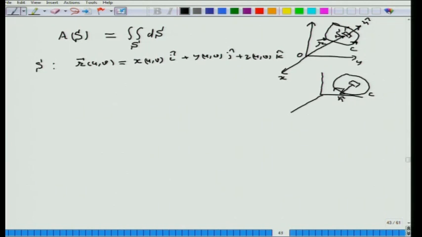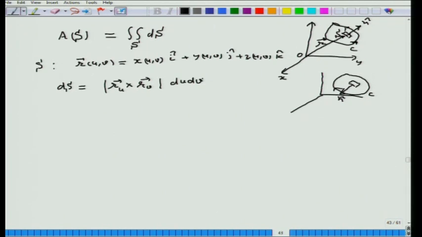k, that we had already explained, and then we know that this element of area dS is nothing but the absolute value of R_u cross R_v du dv.